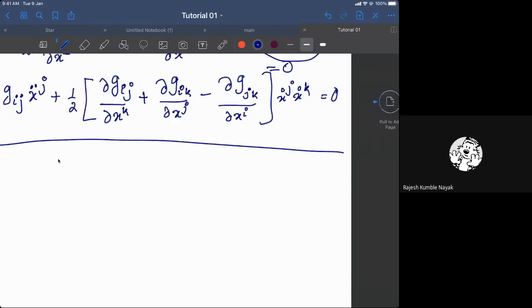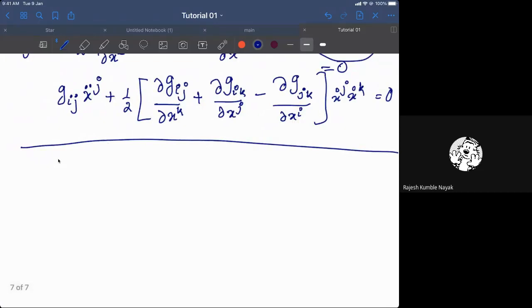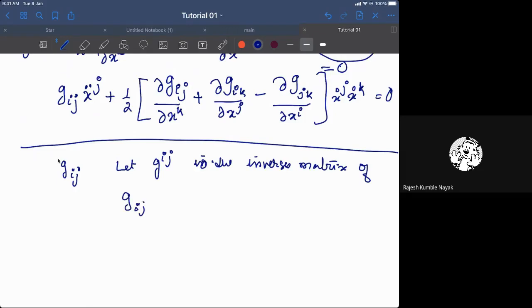Gij is a symmetric matrix. So let us say that G with upper indices ij is the inverse matrix of Gij. That means that the product G^{il} Gij, summed over the index, is equal to delta, an identity matrix.